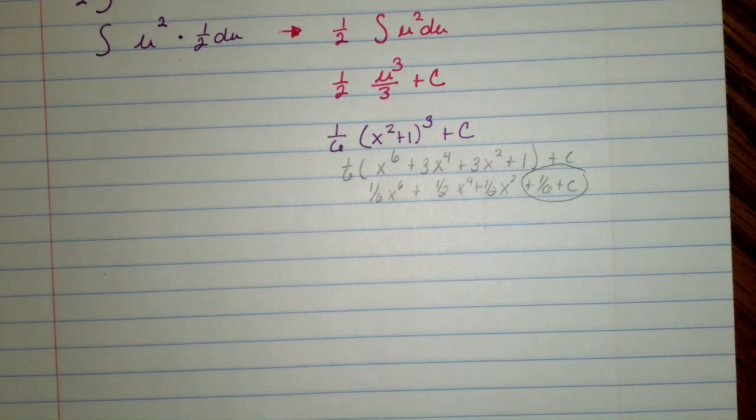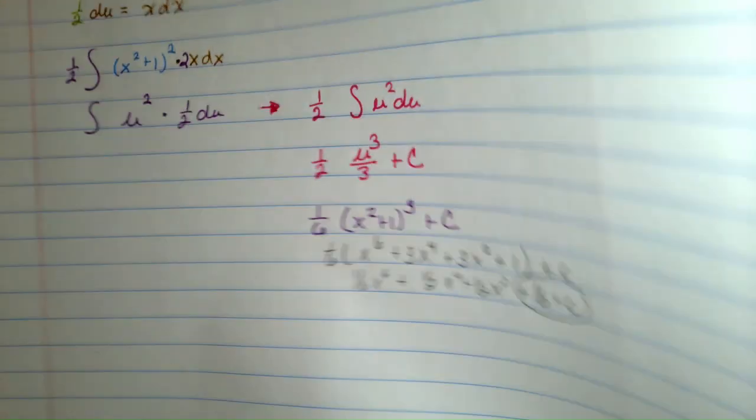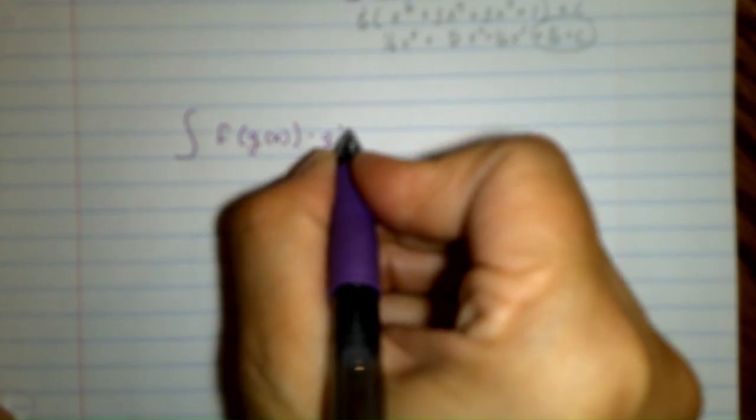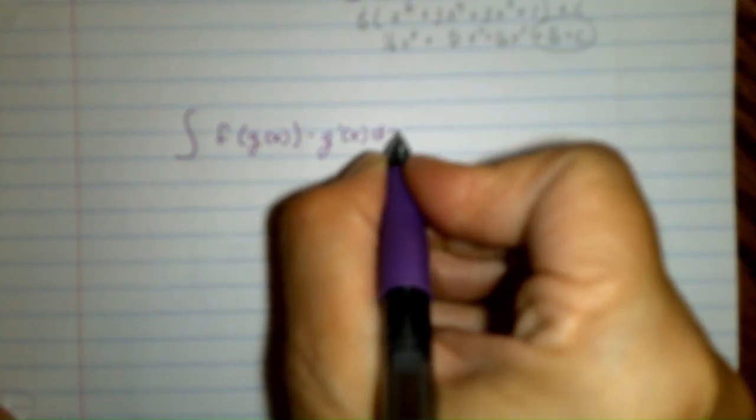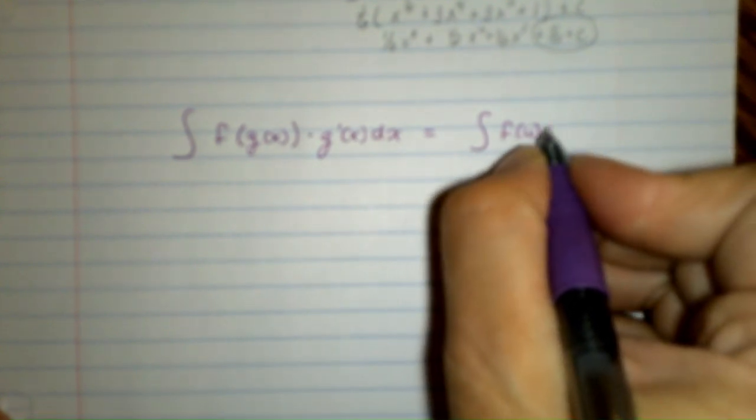Okay, so you're going to again have to decide which equation is inside of what. So we have to let something equal u. So we're going to have the integration of f of g of x times the derivative of g dx is going to equal the integral of f of u du.